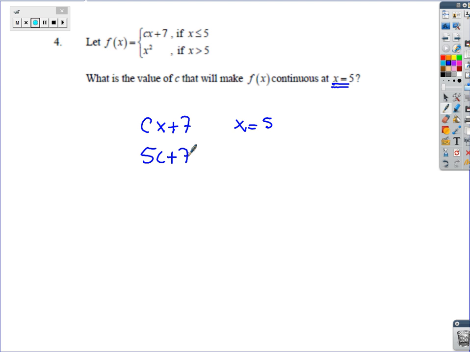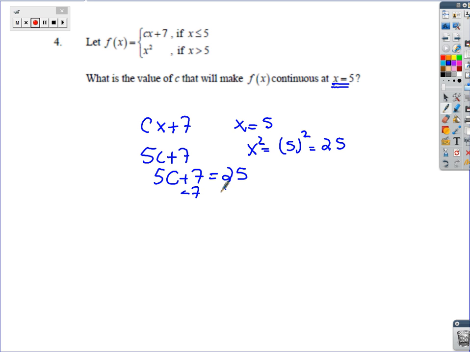And then the second, x squared, when I substitute the 5 in, I should get 25. So I set these two equal to each other, and I solve for c.